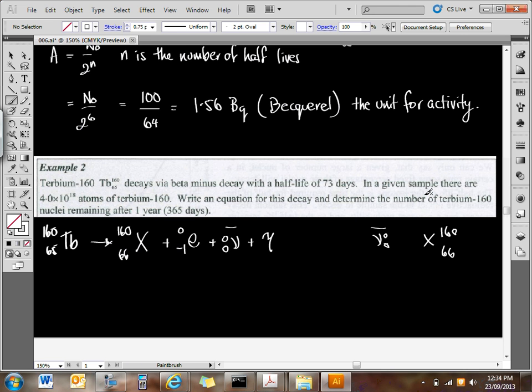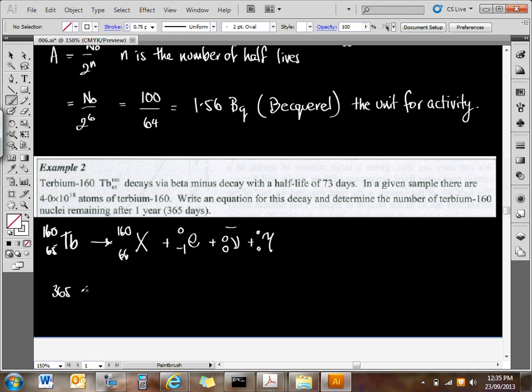Will you lose marks for it? No, you will not, as long as it's clear. Also, you might have noticed that they sometimes put a little 0 charge, 0 mass there for the gamma ray photon. That's good too. You can do that. Don't need to.